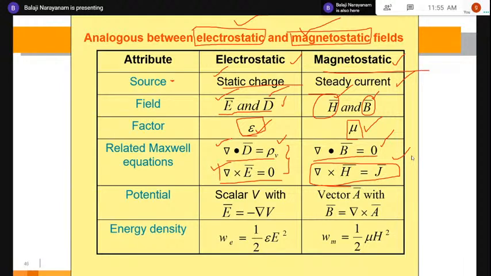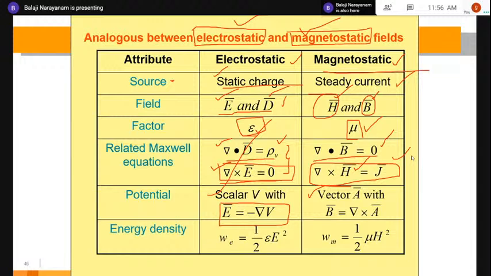Here in electrostatics you have the electric field intensity. In magnetostatics we have the cross product between the del operator and the magnetic field intensity H bar, related to the current density J. In electrostatics, E bar is equal to minus del V, where the potential V is a scalar. Whereas in magnetostatics the potential is a vector quantity.